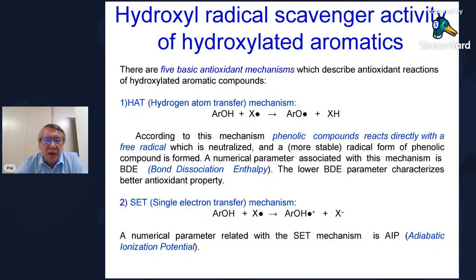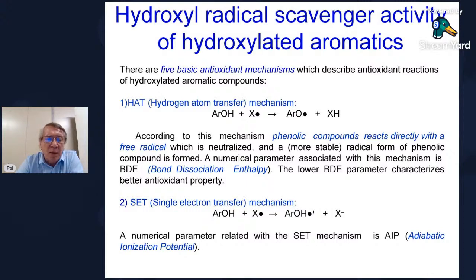As a result of this attack, different mechanisms were identified, and these different mechanisms showed correlation with different physicochemical parameters of the phenolic compounds, the phenolic antioxidants.